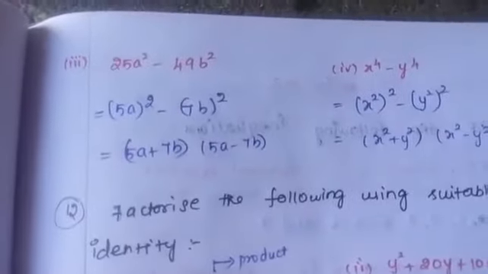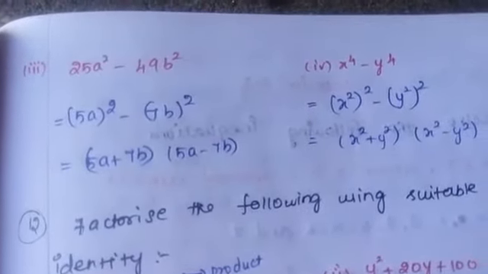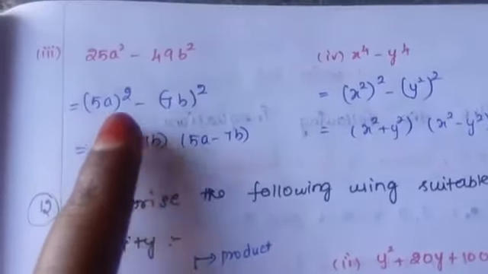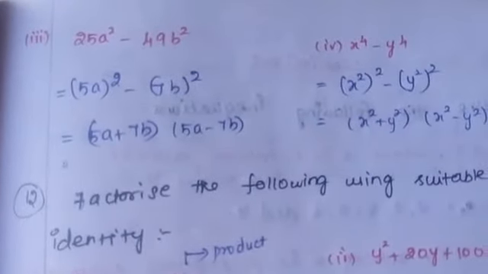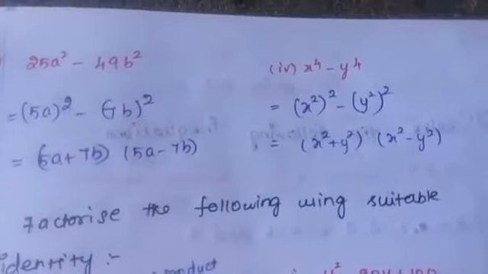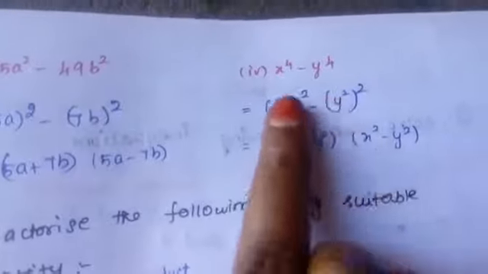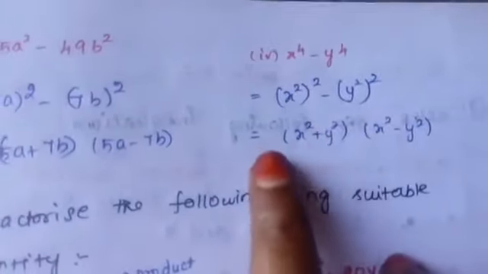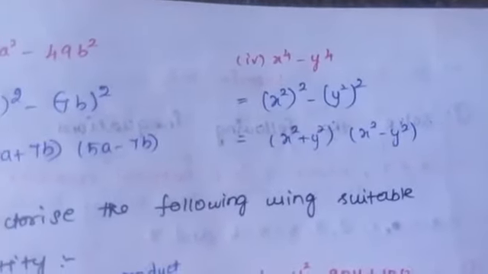The same way, 25a squared minus 49b squared: 25 can be written as (5a) the whole square, 49 can be written as (7b) the whole square, one time plus, one time minus: (5a plus 7b), (5a minus 7b). X power 4 minus y power 4, square term format, 2 times: split it, (x squared) the whole square, (y squared) the whole square, one time plus, one time minus: (x squared plus y squared), (x squared minus y squared).